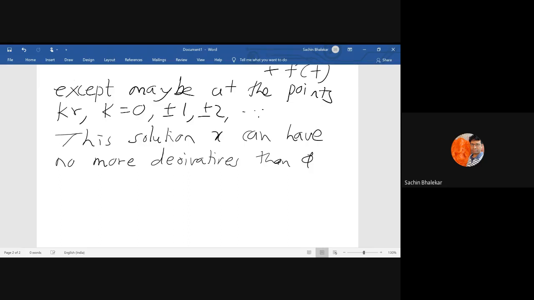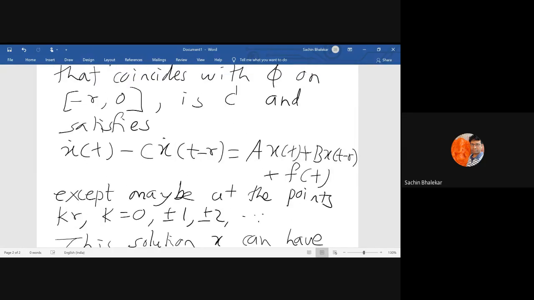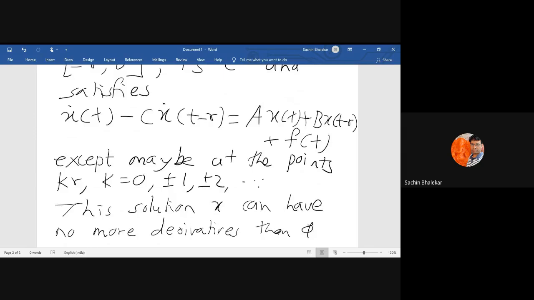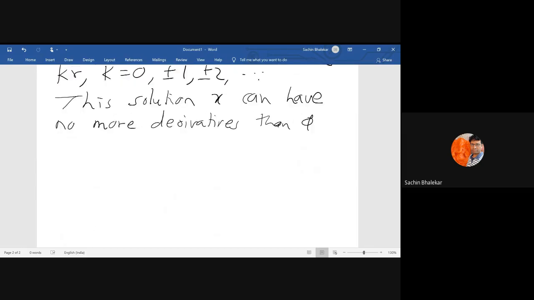Here we are assuming that phi is continuously differentiable, means the first derivative exists. So the solution is also C1. If initial data has n number of derivatives, then the solution also has n number of derivatives, but not more than that.